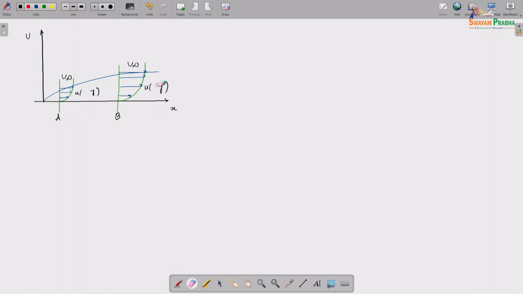This doesn't necessarily mean that it does not change in the x direction. It does change in the x direction, but we use the similarity conditions. So we are saying that there is one predominant velocity component again here, which is the x component of velocity, u.